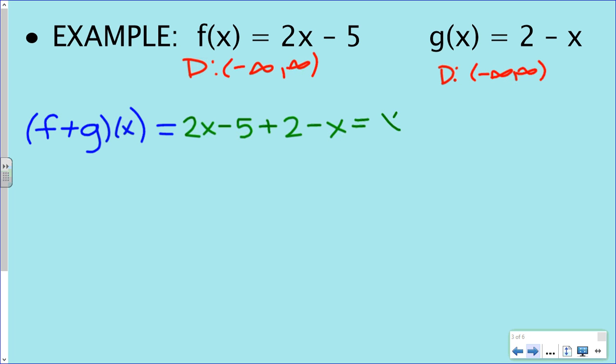X minus 3. Which has a domain of all real numbers. You take two lines and combine them, you get a line. All real numbers.